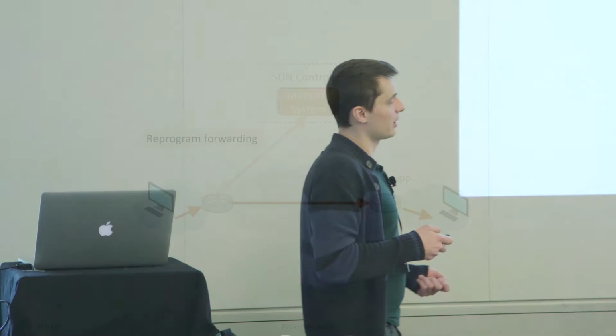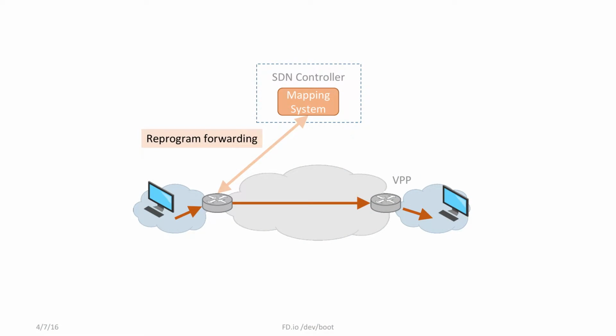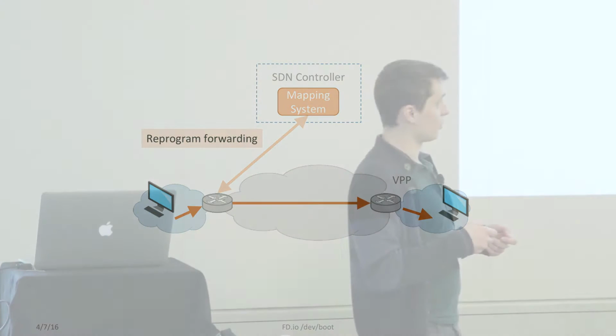But in addition to that, we would like to do the following. If we have some routers that communicate with the mapping system in the sky and obtain information about where the other destination nodes are within the underlay, so what their underlay attachment point is, and something changes within the underlay and the mapping system, which may be part of an SDN controller, learns this information, like this guy changes its attachment point and announces it to the mapping system, we want the mapping system to push this information back to all the nodes that obtained it.